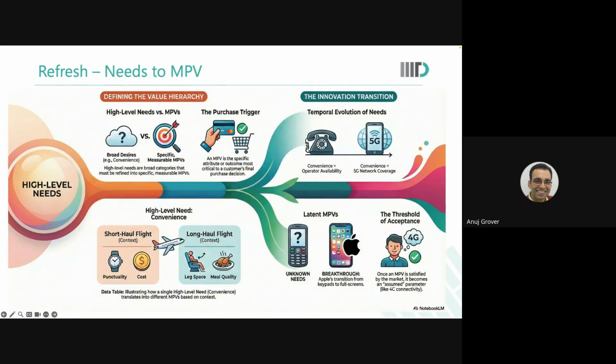Then we also looked at how to convert a high-level need into a feature. What was the process that we used? Levels of MPV. We talked about the hierarchy of needs. There is a high-level need, convenience. Now, convenience can be interpreted in so many different ways. Convenience for a phone is that it should be very light.